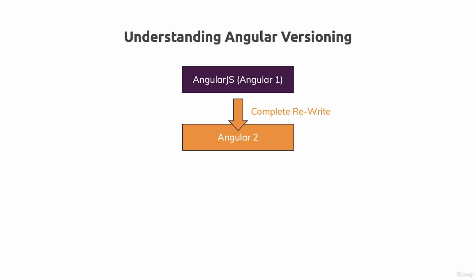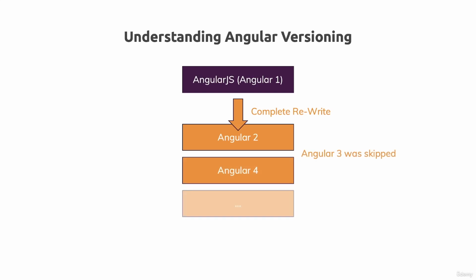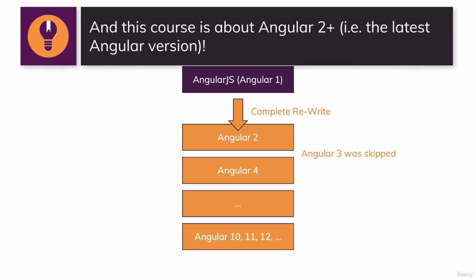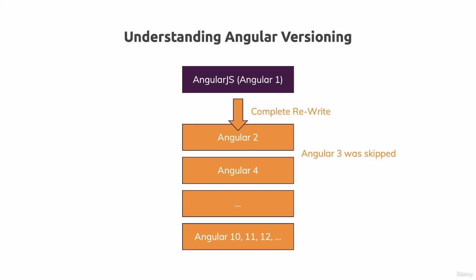But you actually also won't be using Angular 2 because there have been a couple of other versions of Angular as well. Angular version 3 was skipped for some internal reasons, but then we had Angular 4 and a couple of other versions, and then we arrived at Angular 10, 11, 12, 13, 14, 15, and so on. So we got a bunch of Angular versions.